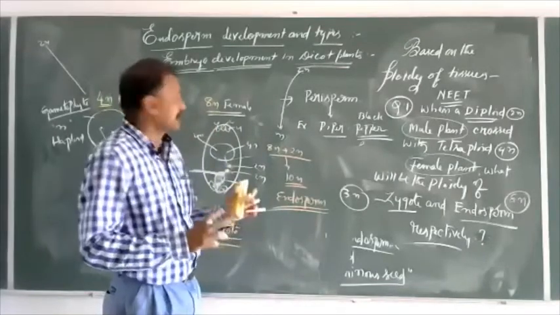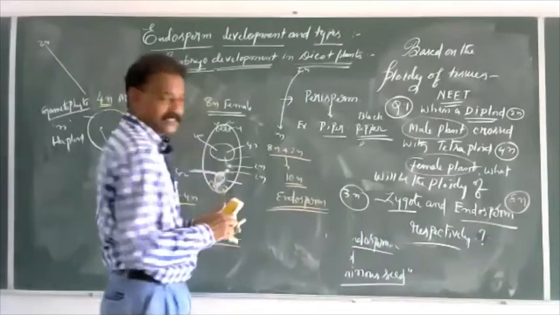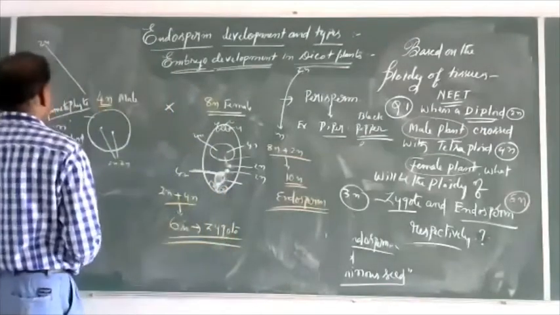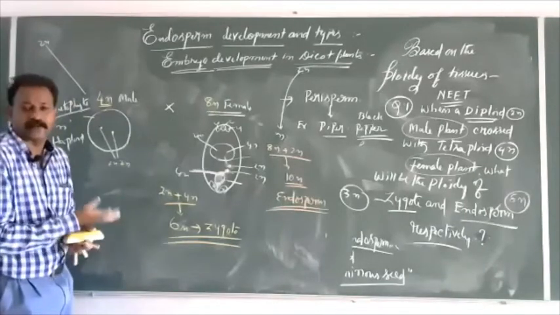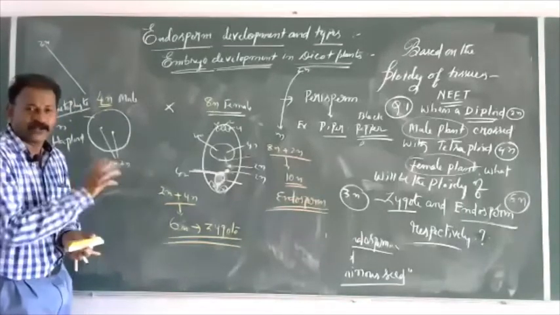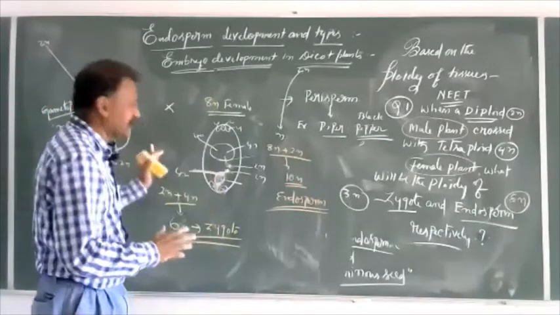Now let us see embryo development in dicot plants. Again, if you practice these questions, there is a possibility you can answer multiple forms. You can create questions, and you can get answers. The thing is, you should remember this concept.